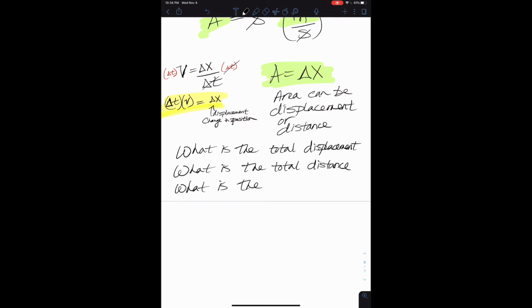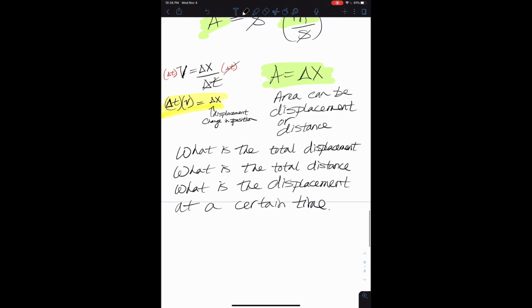They might say, what is the displacement at a time? All right. So those are some questions that can be asked there.